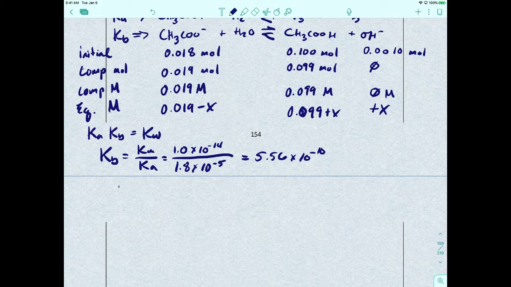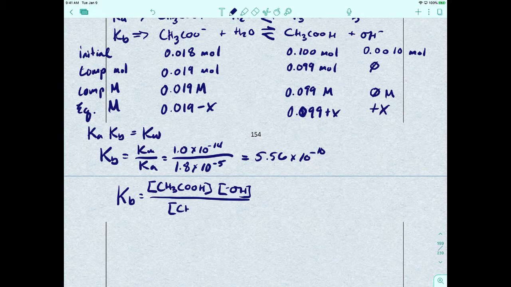Now that we have Kb, if we write our Kb expression, that's going to be the concentration of acetic acid times the concentration of hydroxide ion divided by the concentration of the acetate ion. And that's all equal to 5.56 times 10 to the minus 10th.